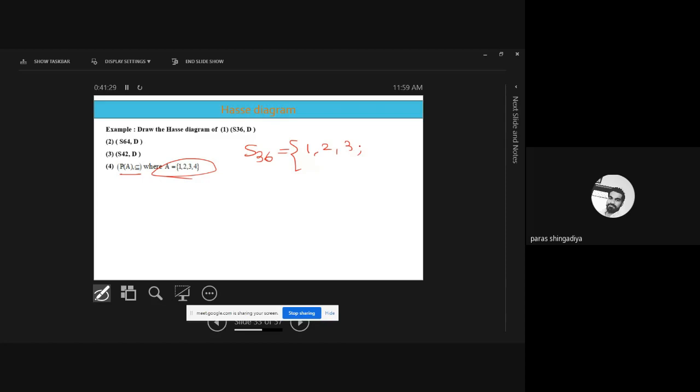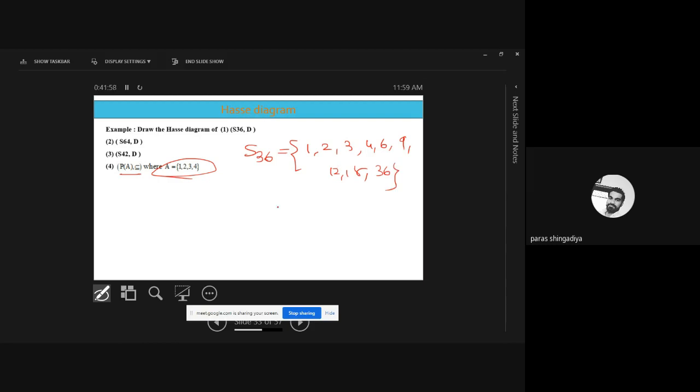Three. 9. Clear? And then 12, 18, and 36. Clear?